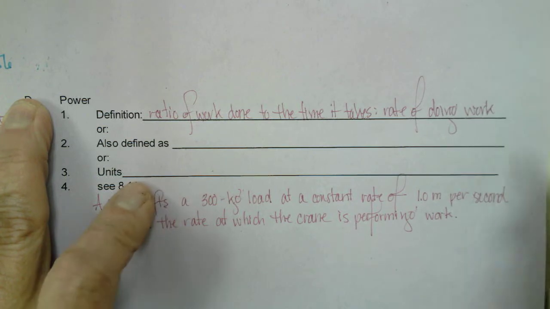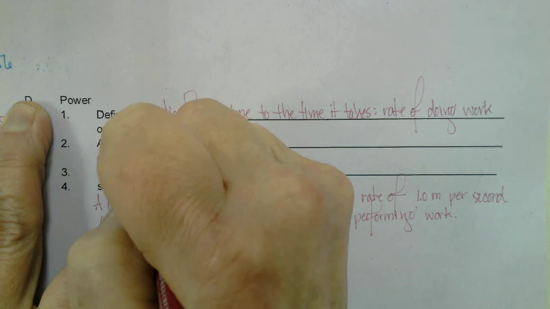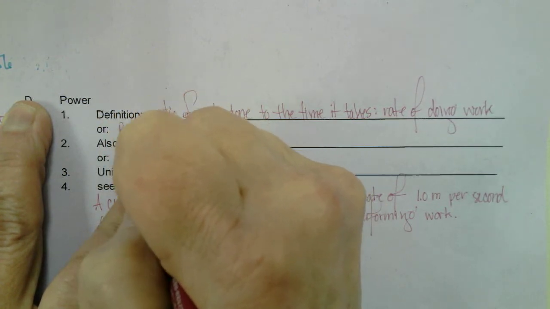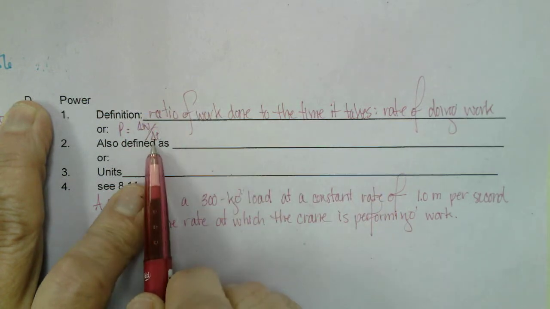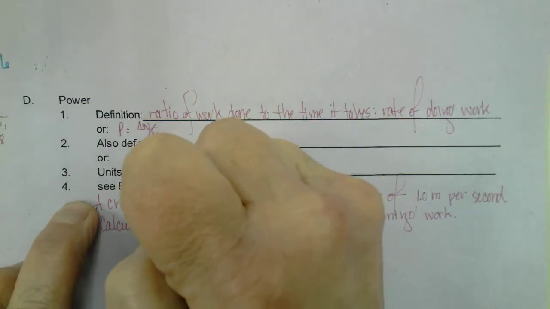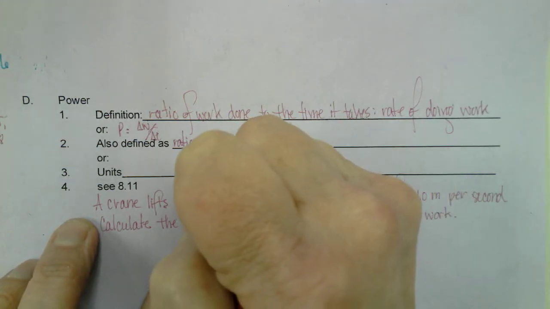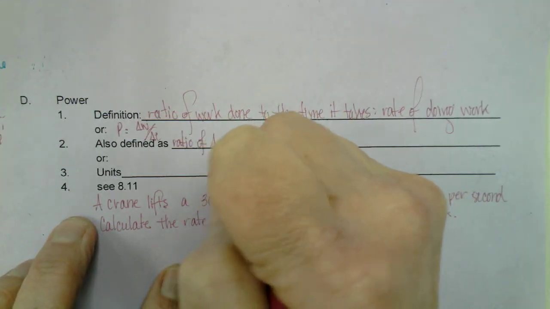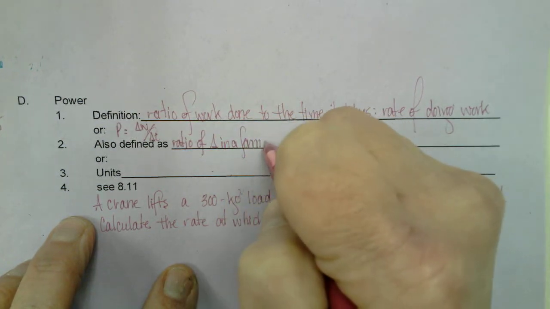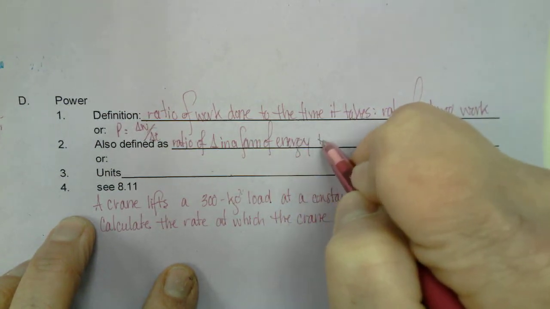And as a formula, that would be power is equal to the change in work all over the change in time. How much work over how much time? Also, though, it can be defined as the ratio of a change in a form of energy, again, to the time it takes.